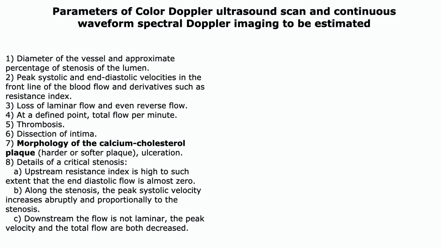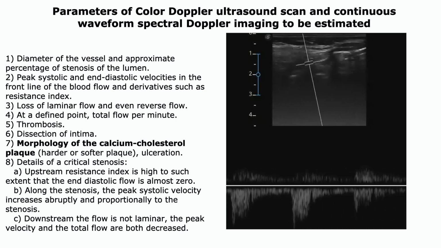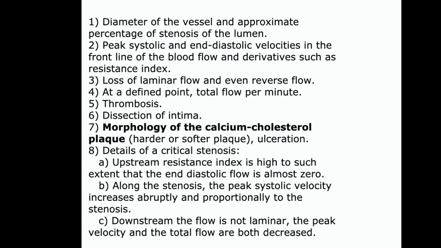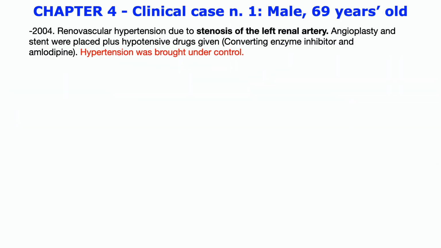The color Doppler ultrasound scan and continuous waveform spectral Doppler imaging are the leading tests to get figures from arterial wall anatomy and blood flow profiling in real time. Nowadays, they are so available at the general practitioners and with no risk for the patient that they mandatorily precede any other imaging test. The semiological parameters that can be collected are summarized in the table.